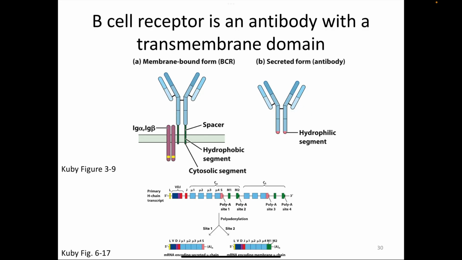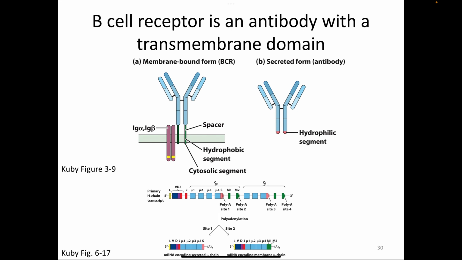The most important signal once the B cell starts developing is a signal that will come through the B cell receptor. Usually pretty easy to remember that the receptor on B cells is the B cell receptor. And you can see the B cell receptor on the left. You can see it's really just an antibody with a transmembrane domain.